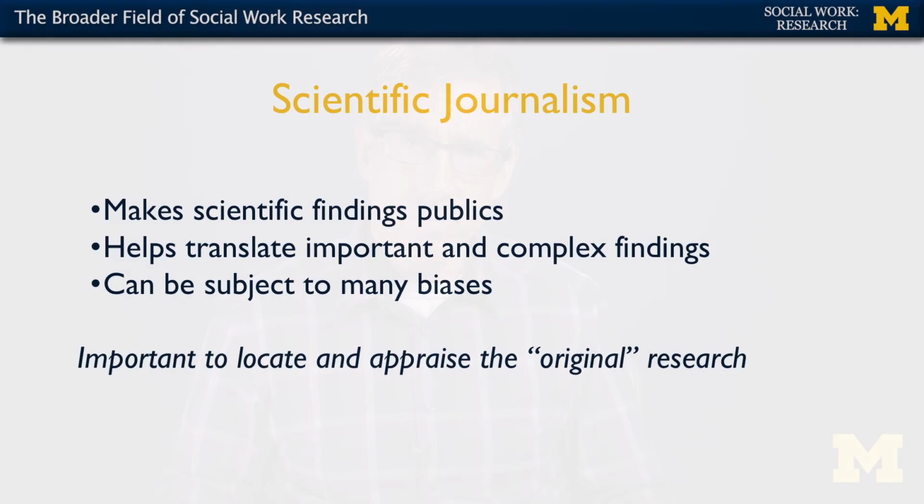So you never want to rely exclusively on the articles that are provided by the journalist, but you want to use your skills to identify where the original research was published and see if you can access and appraise that independently. A good scientific journalist will provide who conducted the study, where the study was conducted, and where the actual study was published. And with these details, you should be able to find that original research.